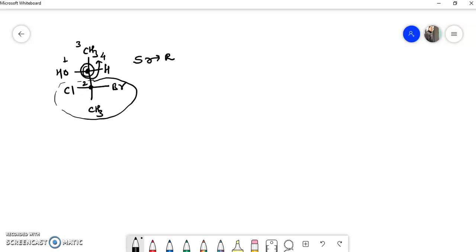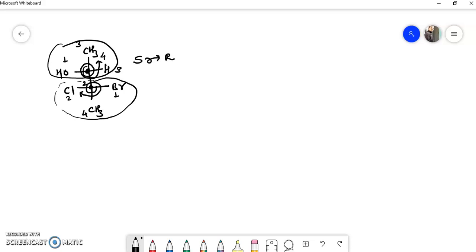Now consider this carbon. If we consider this carbon, then this bromine will get first priority, chlorine will get second priority, this whole group will be considered as a third priority, and this carbon will be considered as a fourth priority. Okay, so the wheel will rotate like this: from 1 to 2, 2 to 3, and from 3 to 4.